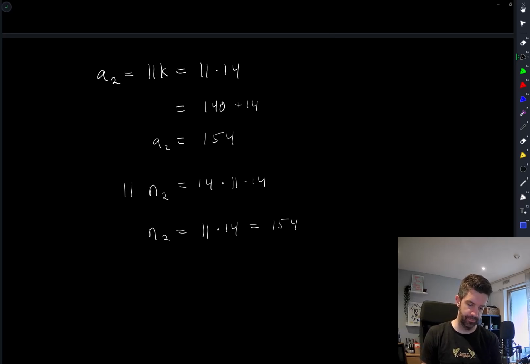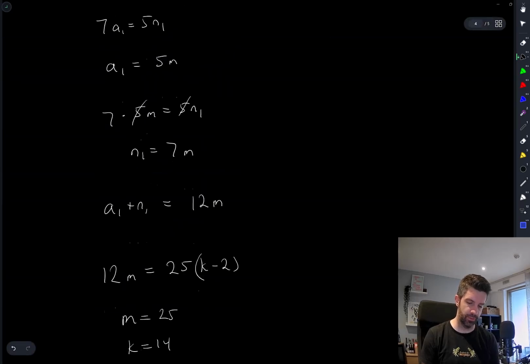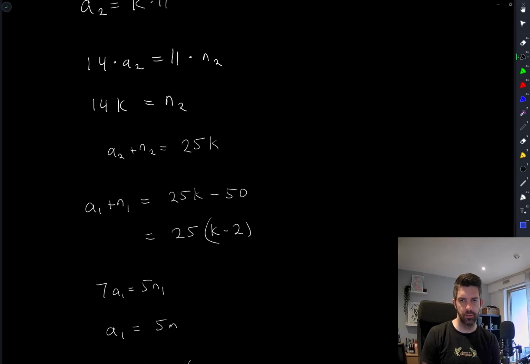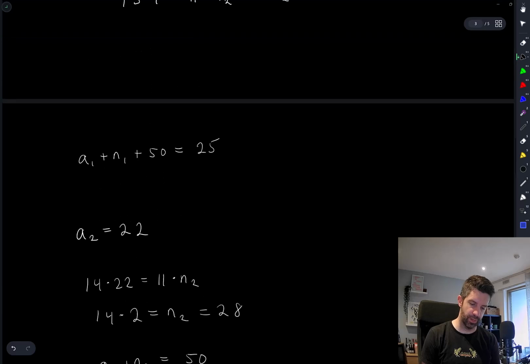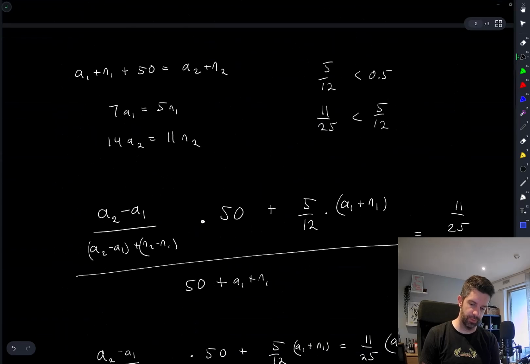Wait. So this means the number of people on the bus is 50%. I thought... Oh, did I get the order of these ratios mixed up? Did I do this wrong?